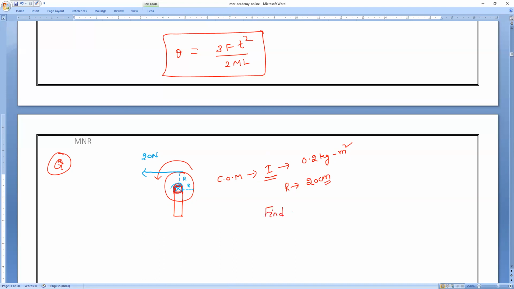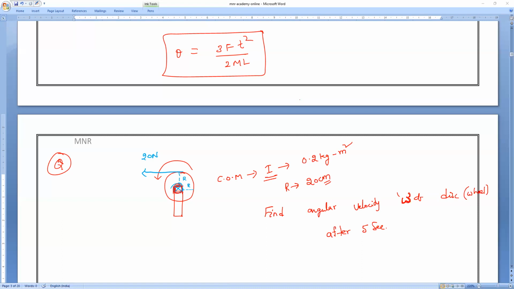The question is to find the angular velocity omega of the disk. A disk is like a wheel; is mass distributed only on the surface or throughout it? Throughout it. So the question is: find the angular velocity after 5 seconds.